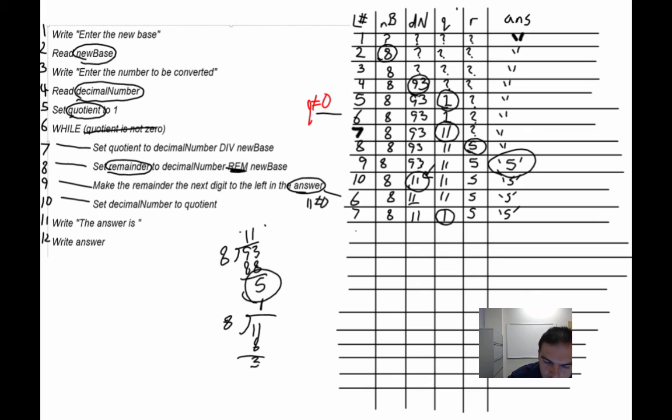Line 8 gets the remainder. Line 9 makes the remainder the next digit in the answer. Moving from right to left. Line 10 sets decimal number to quotient.